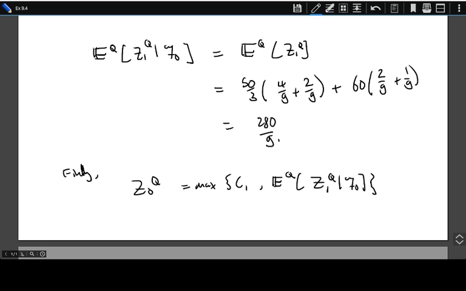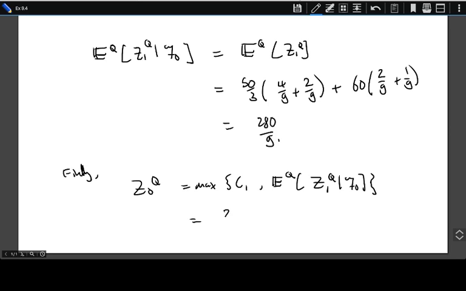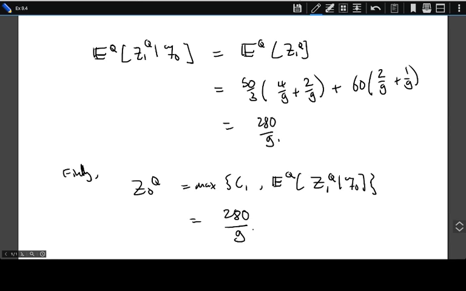Since C at time 0 is either 10 or 60, 280 over 9 is larger than those. 280 over 9 is the initial value of the Snell envelope.